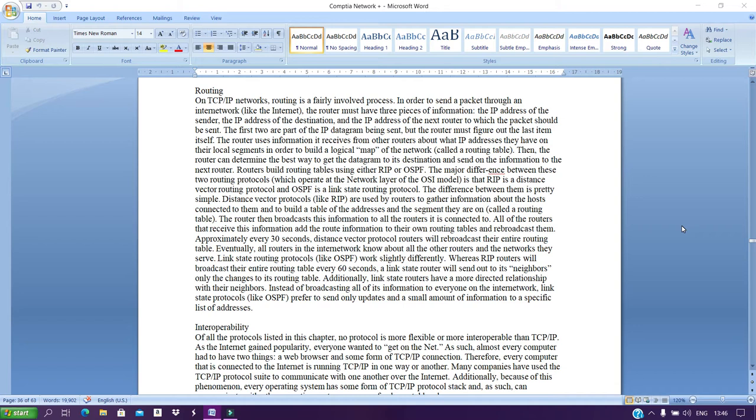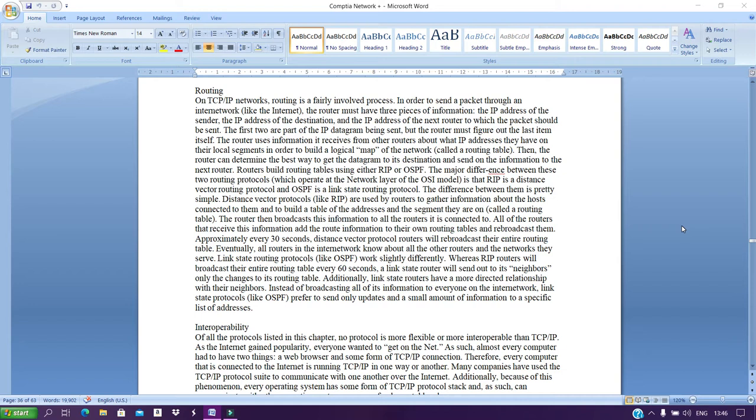The router then broadcasts this information to all the routers it is connected to. All of the routers then receive this information, add the route information to their own routing tables and rebroadcast them. Approximately every 30 seconds, distance vector routing protocol routers will rebroadcast their entire routing table.